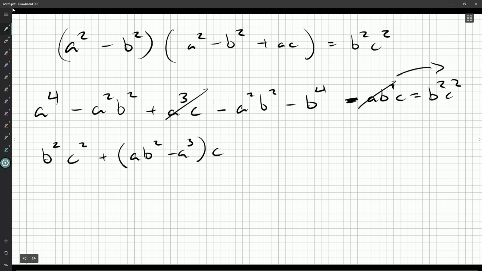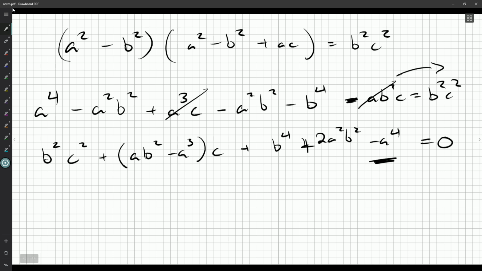Their signs switch. And then we get this other thing, which is like a constant term. So b to the 4 minus, which actually turns into a plus, 2a squared b squared minus a to the 4. That's really close to being a squared plus b squared all squared. So I might want to do something about that.